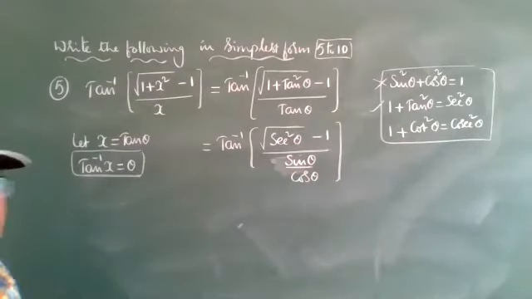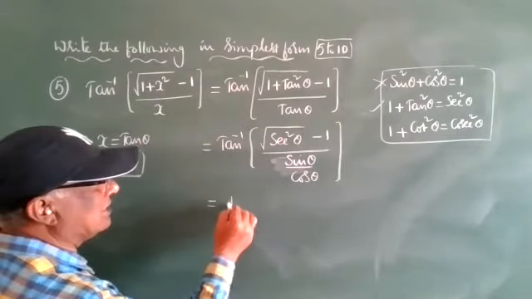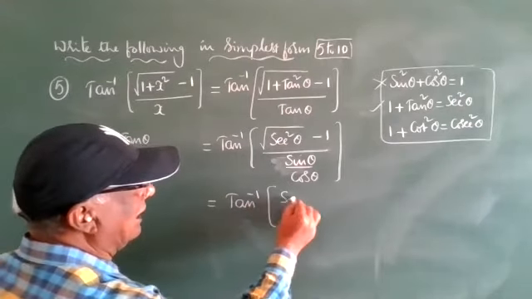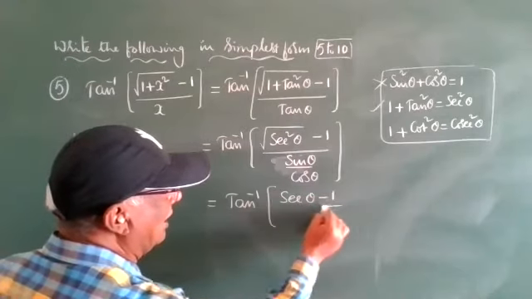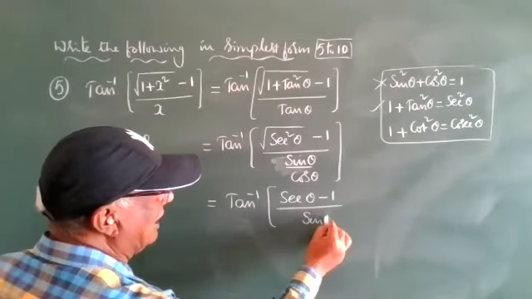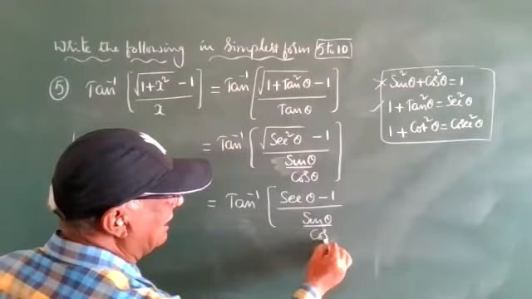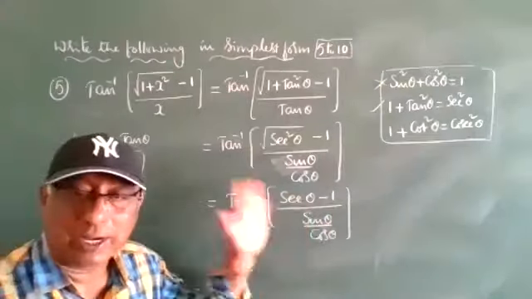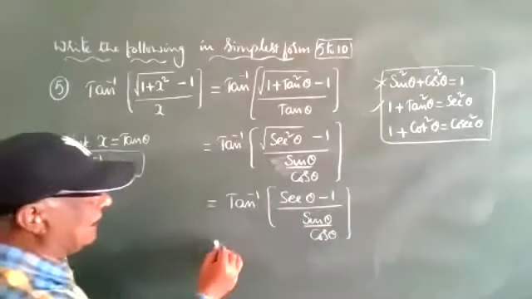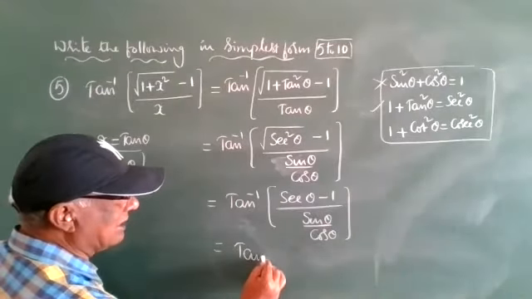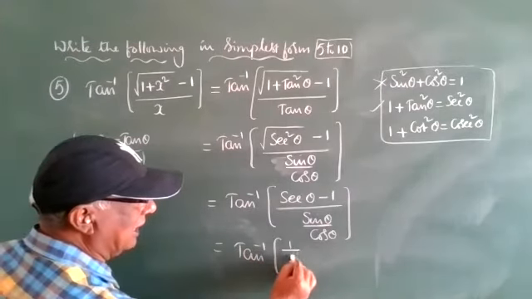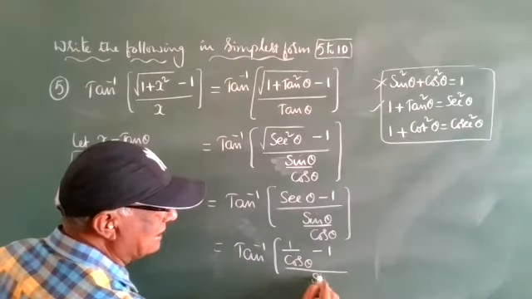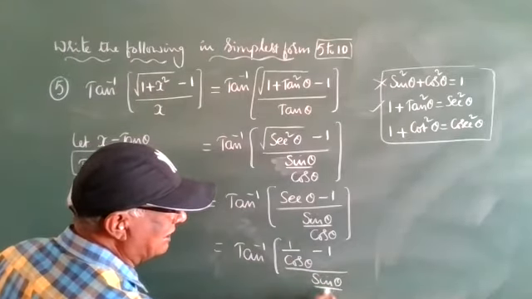Root secant square theta is secant theta. So secant theta minus 1 upon sin theta by cos theta. The denominator is in sin cos relation, therefore secant theta we also write in terms of cos: tan inverse of 1 by cos theta minus 1 upon sin theta by cos theta.